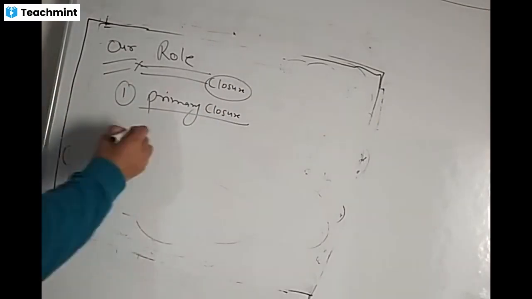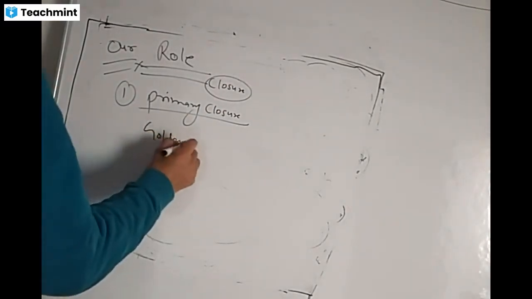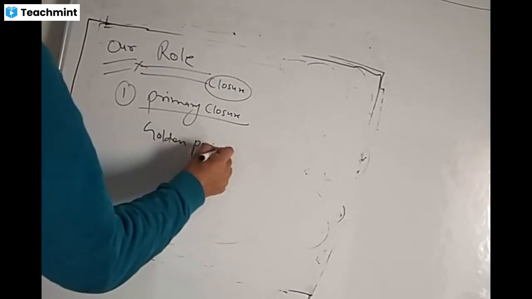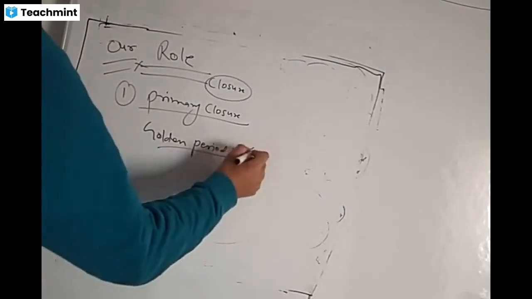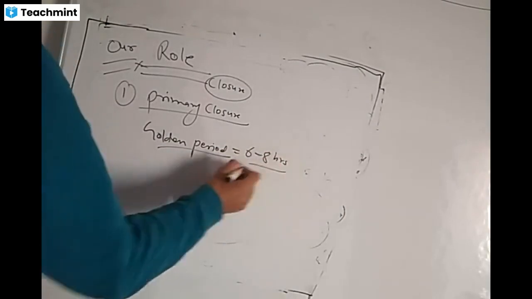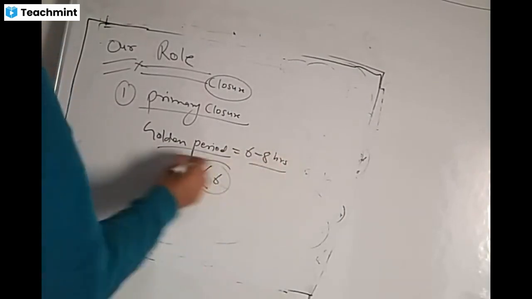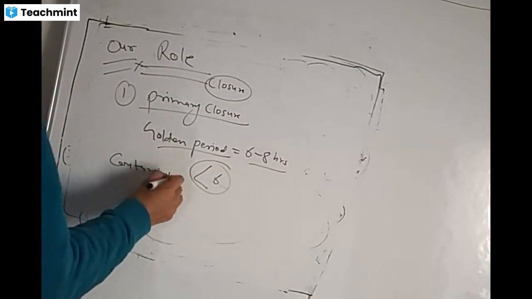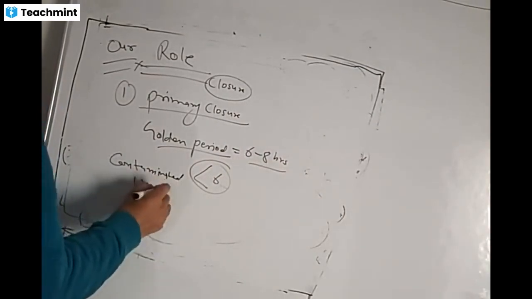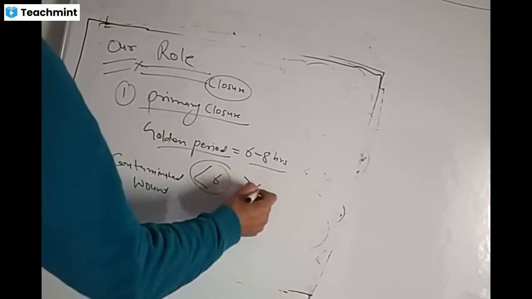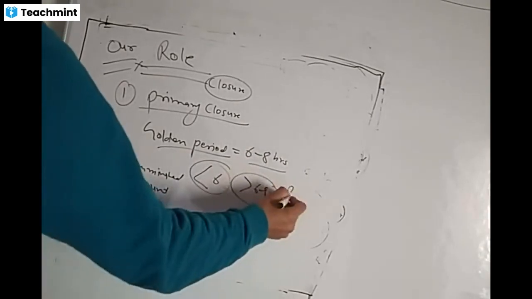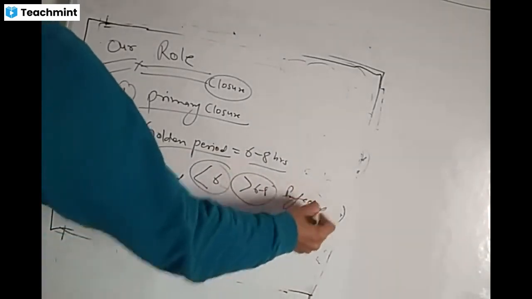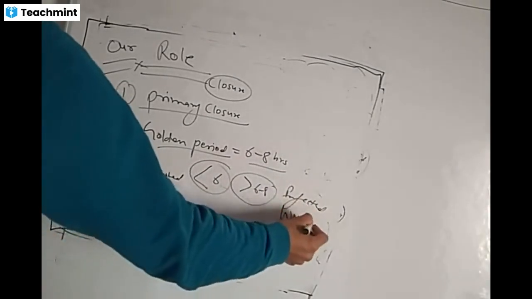So first is primary closure. As we know, the golden period is 6 to 8 hours. So if it is less than 6 hours, we call it contaminated wound. If it is more than 6 to 8, the term used is infected wound.